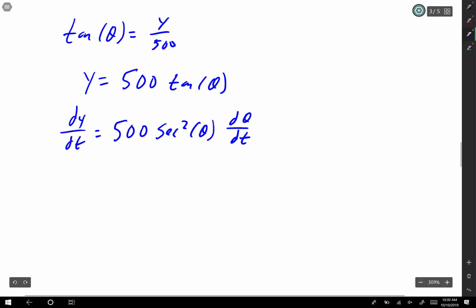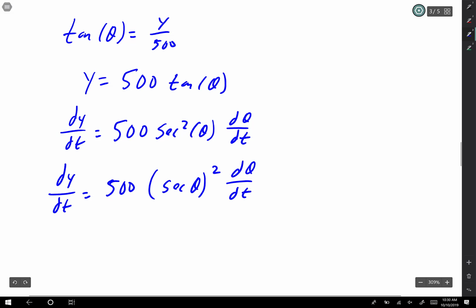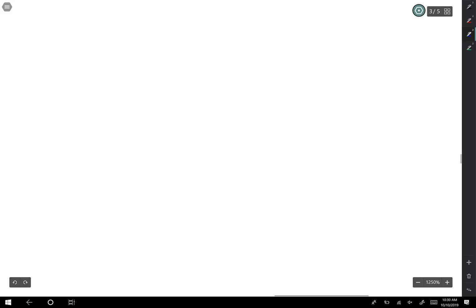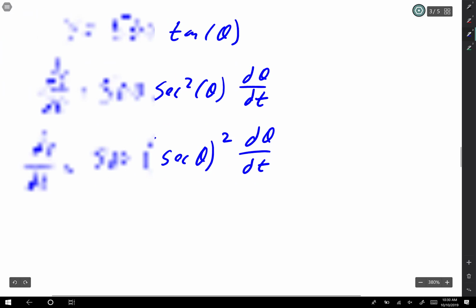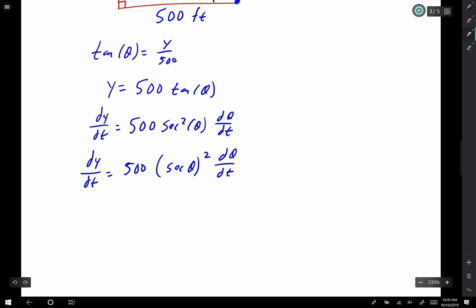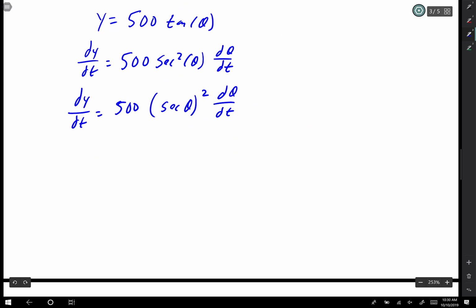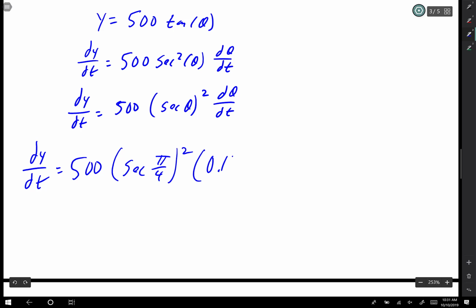In case you don't remember, this is the same thing as saying 500 times secant theta squared times d theta/dt. And look, I got everything I need. You know theta, you know d theta/dt, and that's going to give us dy/dt. All right, here we go. So dy/dt is equal to 500 secant of pi over 4 squared times 0.14.